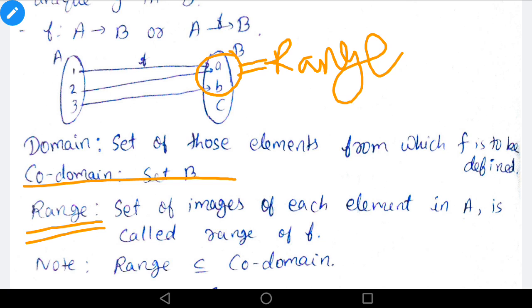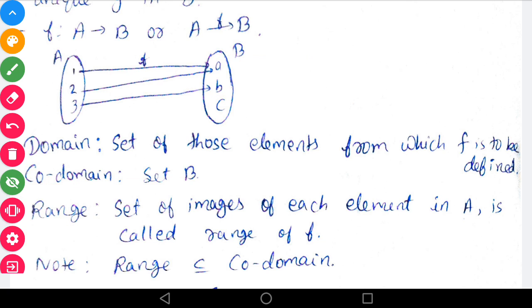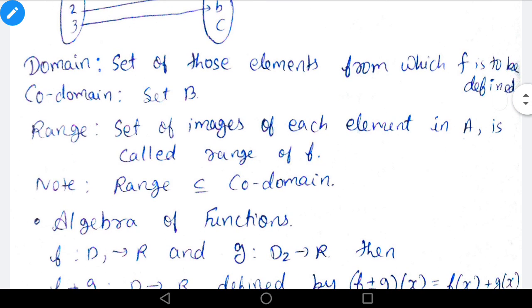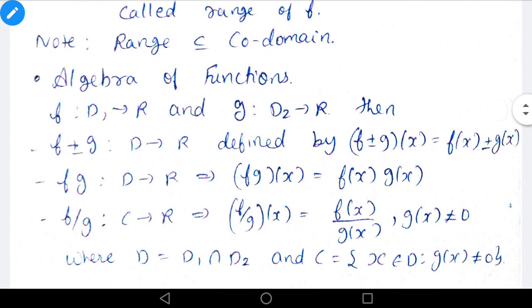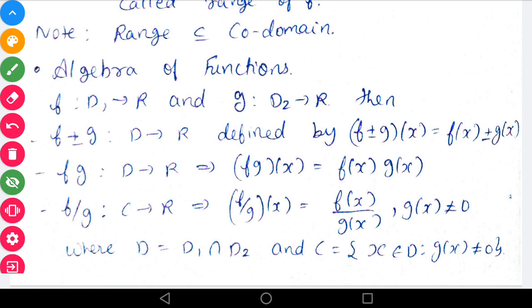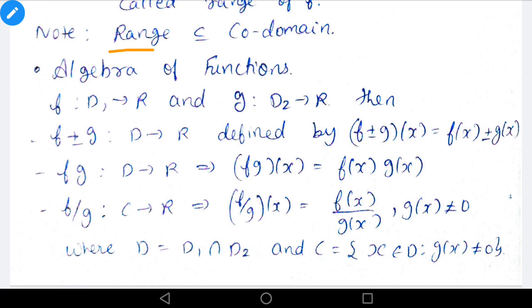Now we can write a note: range is a subset of or equal to codomain. As codomain will be a larger set and range will be smaller, or in some cases it can be equal to codomain. Let's see one example.